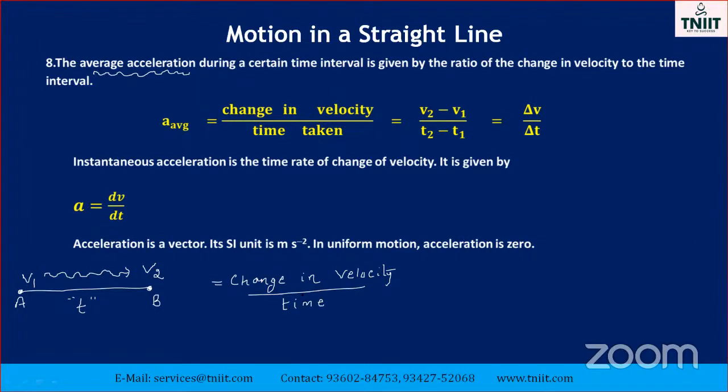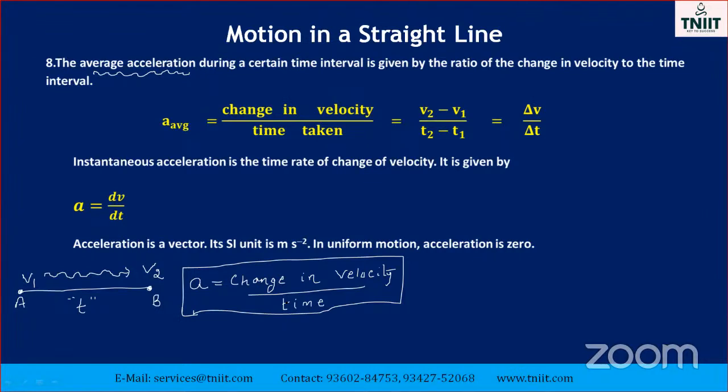The change in the velocity with respect to the time is called acceleration a. So how do you define the acceleration? Acceleration is defined as the change in velocity to the time taken.